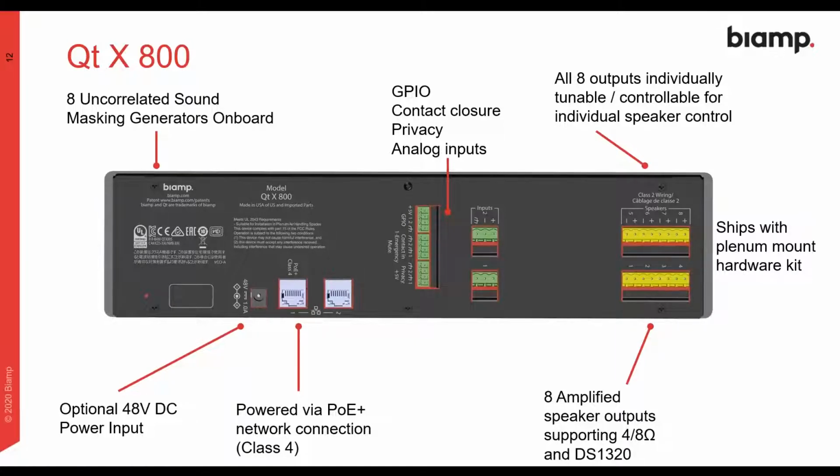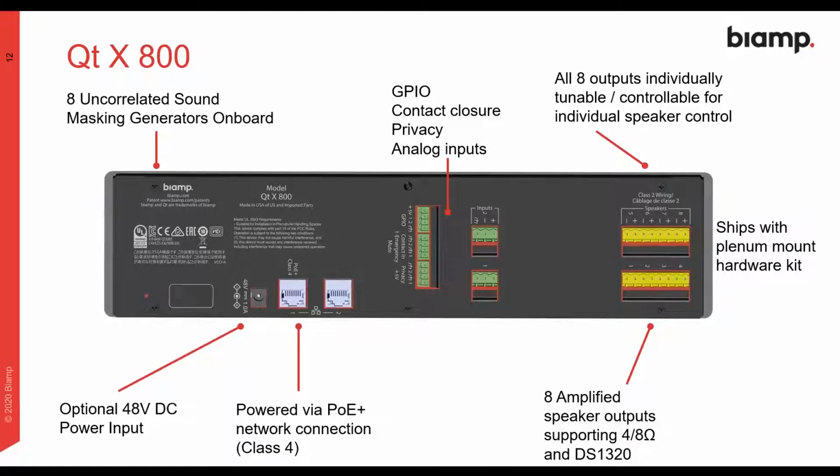But again, same GPIO input capabilities on this device, two analog inputs, and then the same contact closure, same network capabilities. And in addition, what we have supporting is 8 powered outputs. Each one of those outputs can be set up to 8 ohm, 4 ohm, or there's a setting for a DS1320 4 ohm speaker that has the spectrum built in for that DS1320. I'll show you in the drop down when we get into software where you would select that. It would be set up for 8 ohm, but then do the spectrum properly for the DS1320.